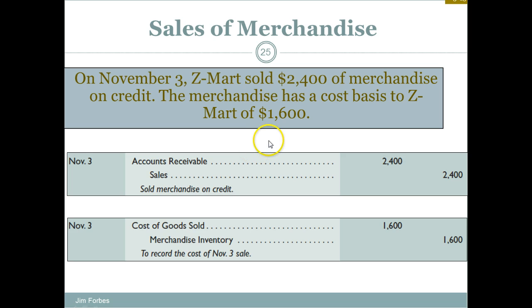For one sale, you will have two journal entries. One to record the sale. Here we have it on credit. Notice $2,400 in accounts receivable, and then $2,400 in revenue. And then you have to take away your inventory, and you charge that to cost of goods sold. So you reduce your inventory, and you charge it to cost of goods sold.